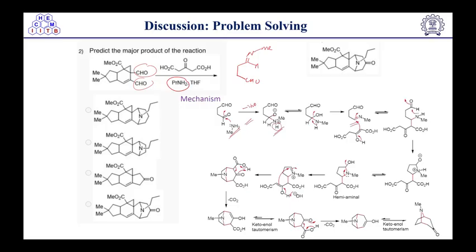After this imine formation, what is the next? We have this substrate where the deprotonation will take place and enolate formation will take place, right?